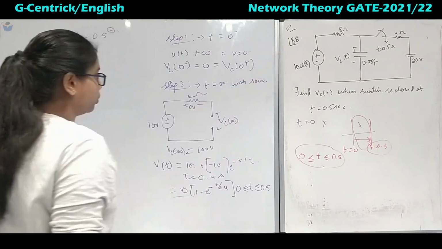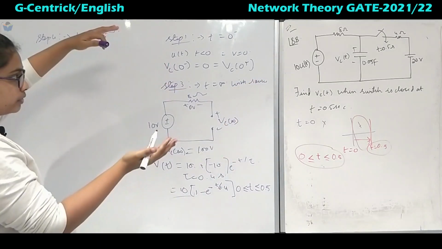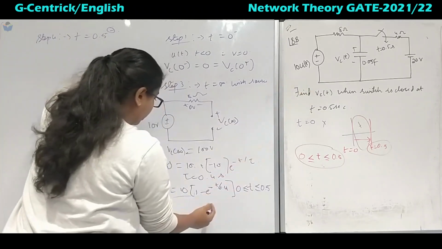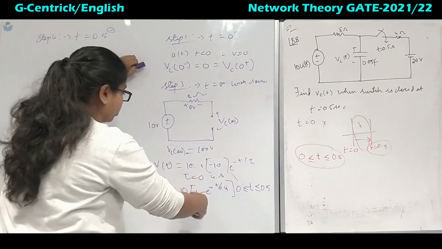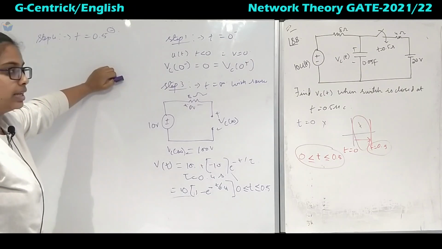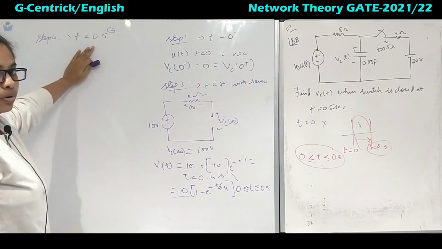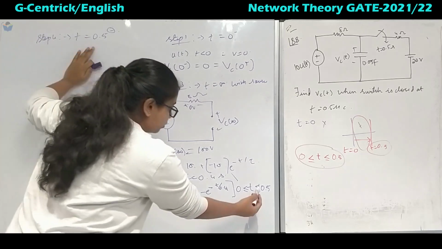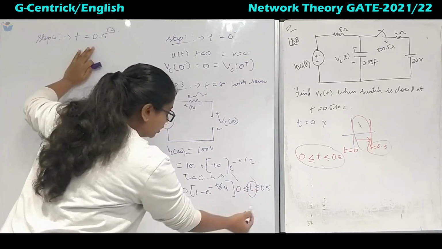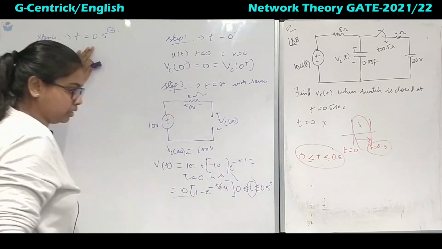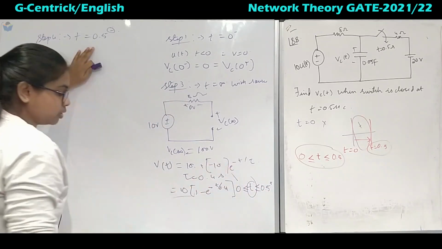We do not know how much was present, that is what we have analyzed till now. From 0 to 0.5, this much amount of voltage was there initially in the capacitor. Now we can analyze for 0.5 minus, because just before 0.5, before it goes to plus, we have minus. That is our value of this one.